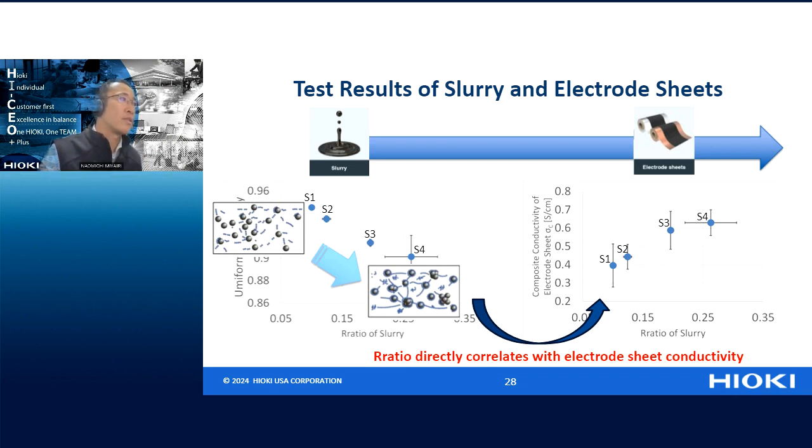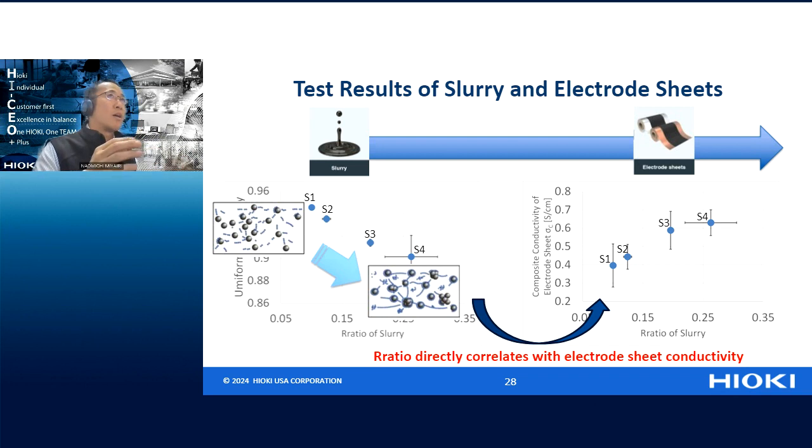That is a basic understanding, and so from that standpoint, some areas in the slurry have low impedance, but the other areas do not. So the slurry is not uniform.